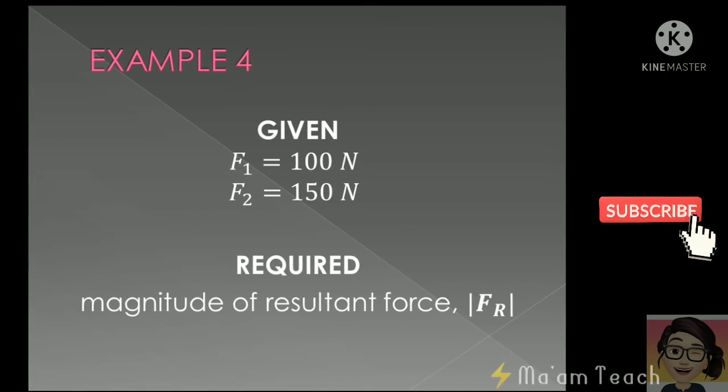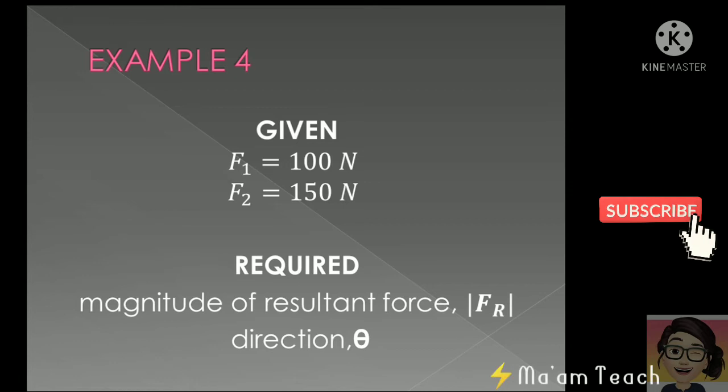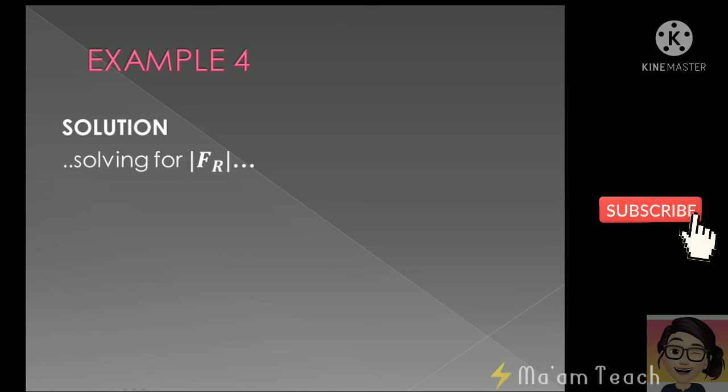But if you put a bar around it, it will indicate that it's only a magnitude. Now, aside from the magnitude, class, we are also asked for the direction, which will be in terms of theta, or in angle.